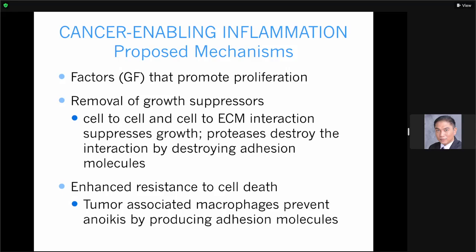They should undergo apoptosis once you lose the attachment to your neighbors. But in cancer cells, it does not happen. Why? Kasi tumor-associated macrophages prevent anoikis by producing adhesion molecules.